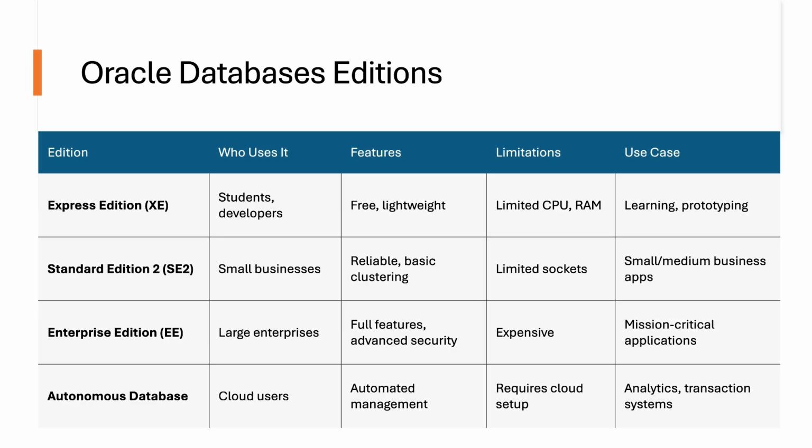Autonomous Database is completely managed automatically, and it is a completely cloud database, so only cloud users can use it. It has complete automatic tuning, automatic patching, and automatic scaling based on your business growth. And backups, you don't have to worry about, it will take them automatically. It can optimize by itself, you don't have to do anything.